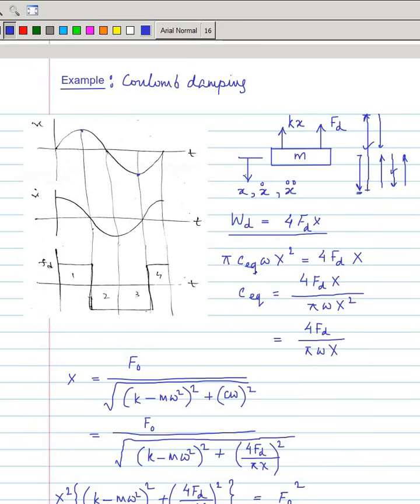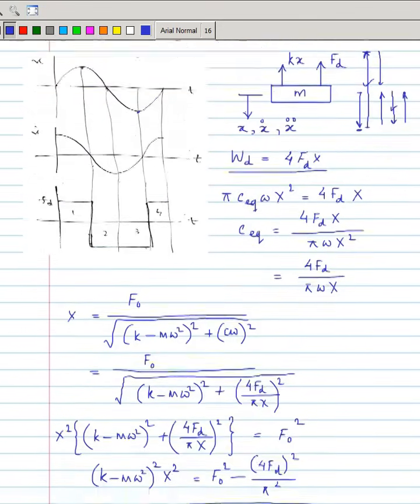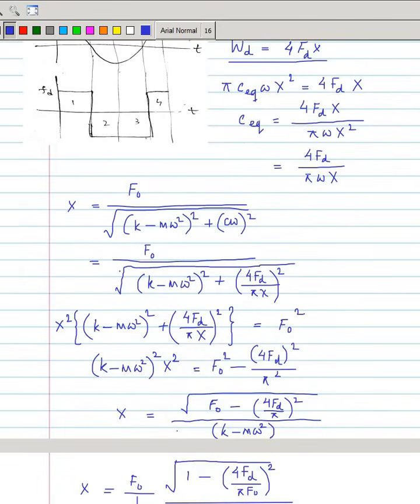So this has to be equated with pi C equivalent omega x square, and this is the equivalent damping coefficient. But here, in place of just finding out the resonant amplitude, we put it in the expression for x. In the C we put the C equivalent value, which is 4 Fd by pi omega x.